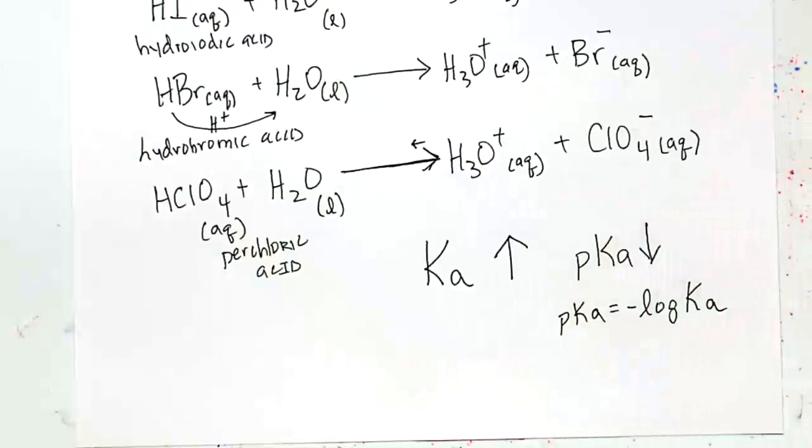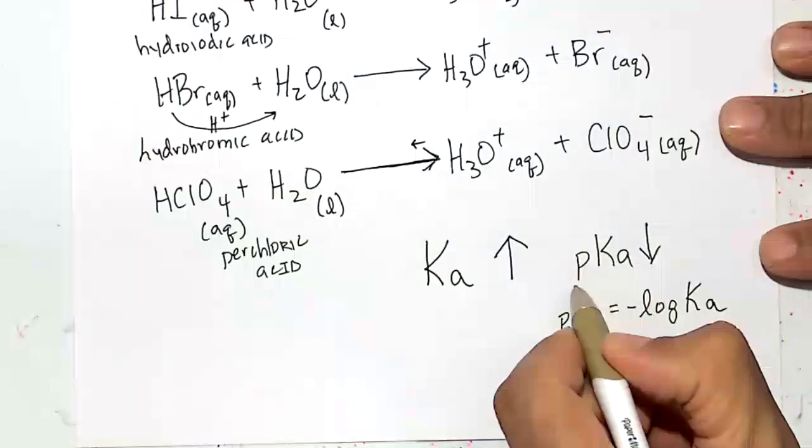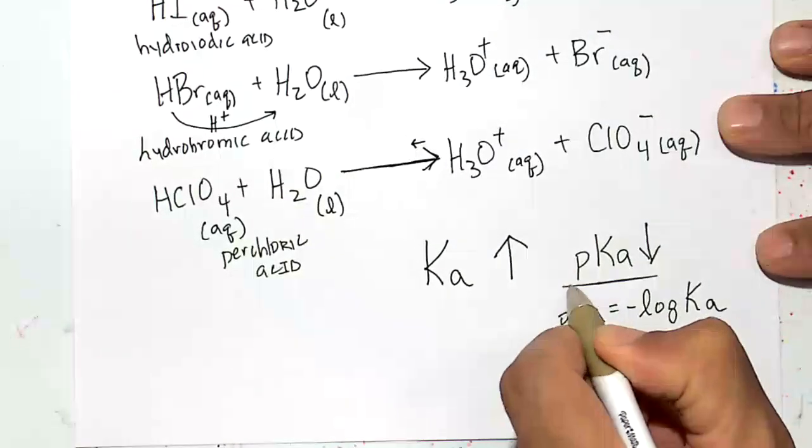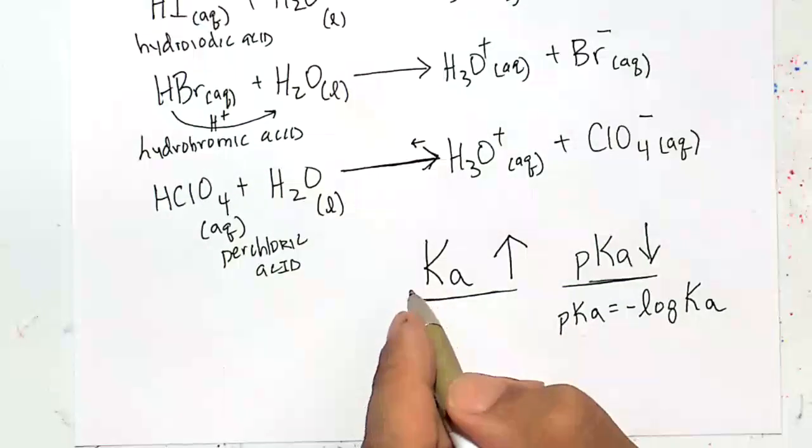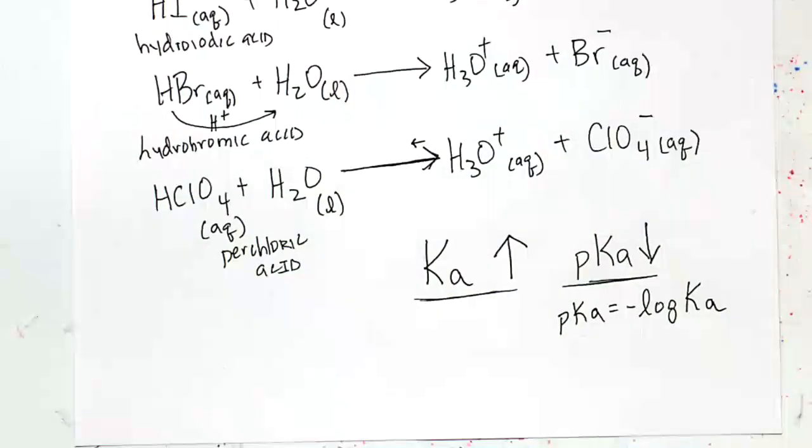So on an exam, when you rank acids, which would be the most acidic? Which would be the strongest acid? The strongest acid would be the one that has the lowest pKa, but highest what? Ka. This is how we rank our acids.